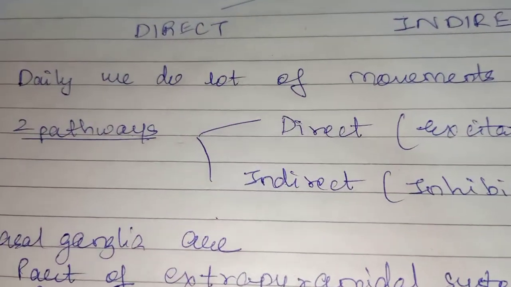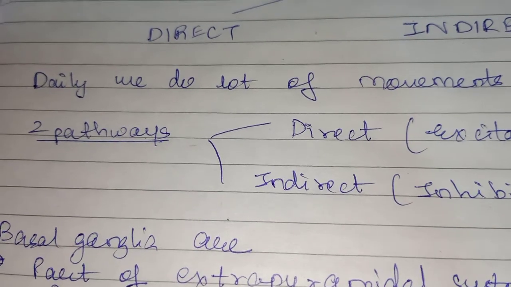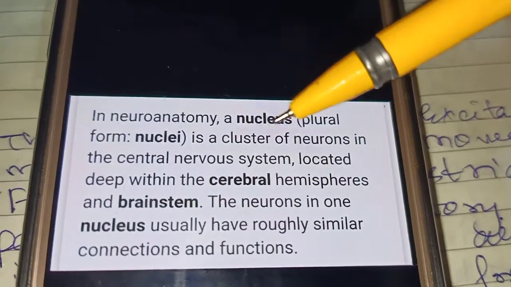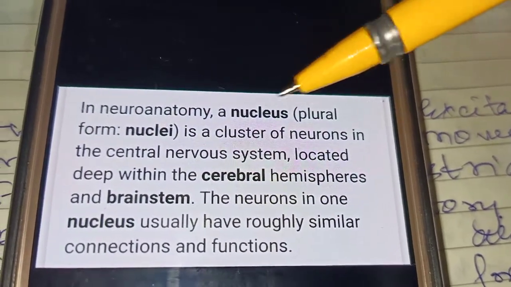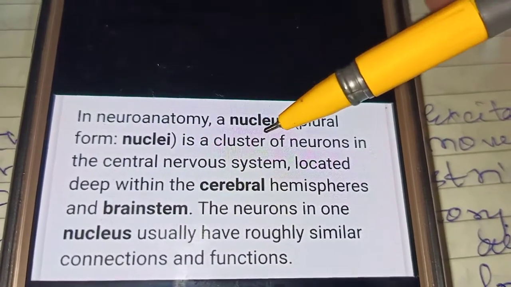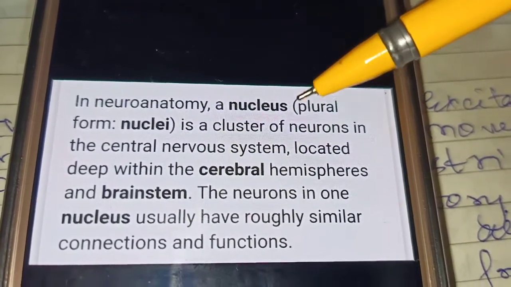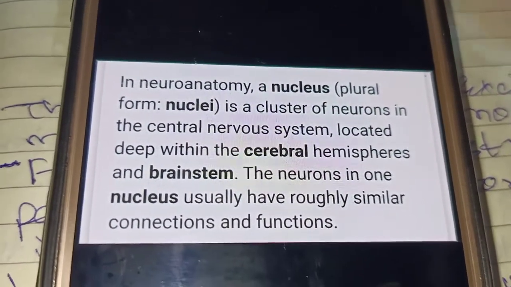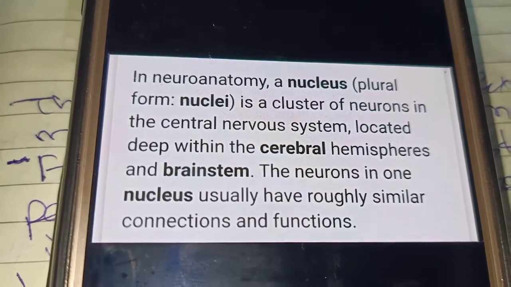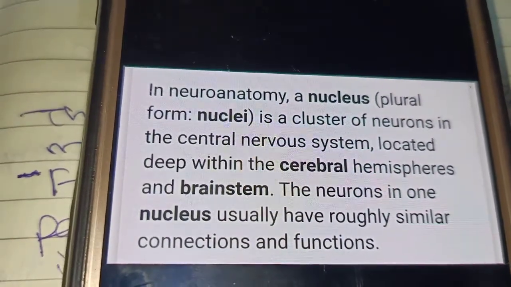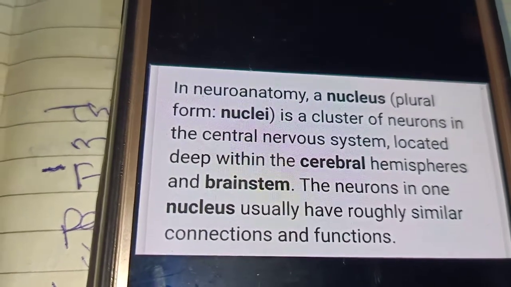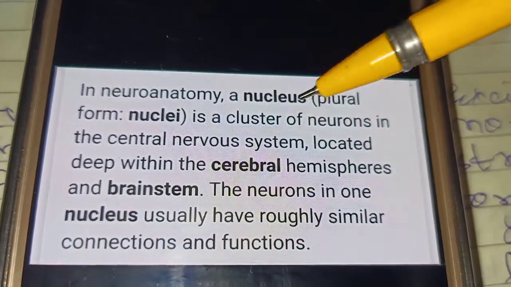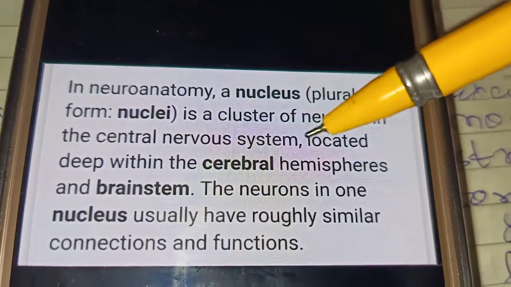If we study neuroanatomy, what is a nucleus, or the plural nuclei? The nucleus is a cluster of neurons. Right now I spoke about the caudate nucleus. So in neuroanatomy, a nucleus is a cluster of neurons in the central nervous system.